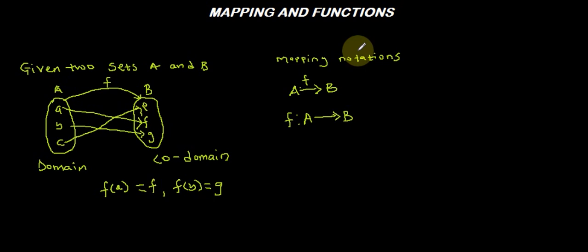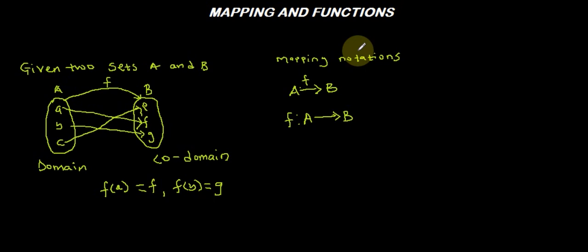Lastly, I want us to take note of what we call the range. When you hear range, we are talking about the elements in the codomain. Now our codomain is set B. What are the elements of set B?